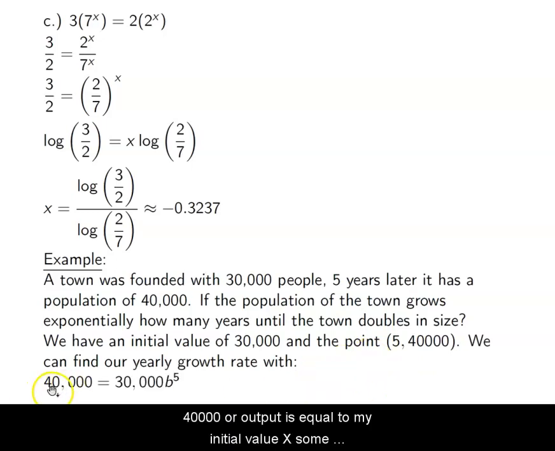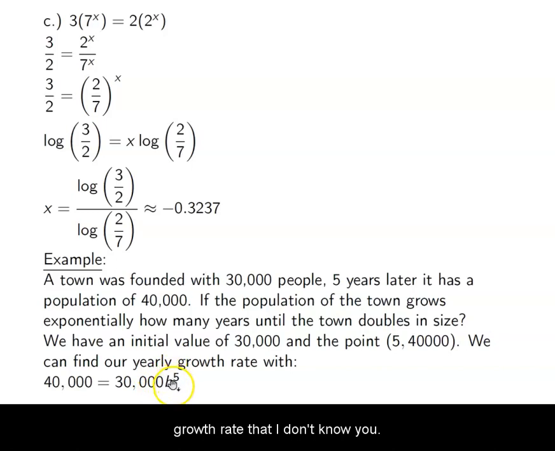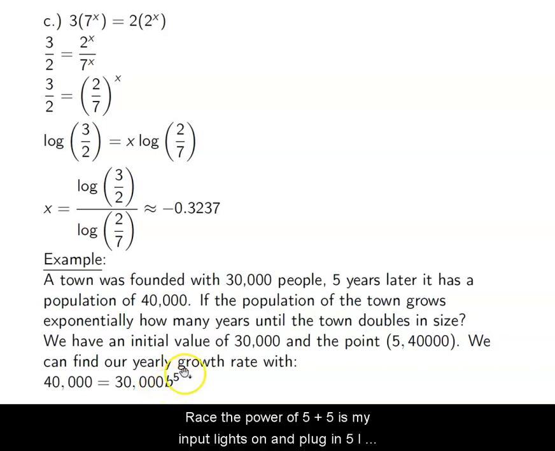Our output, 40,000, is equal to my initial value times some growth rate that I don't know yet, raised to the power of 5, because 5 is my input, right? So when I plug in 5, I get out 40,000. I know my starting value, but I don't know my growth rate. So that's what I need to find in order to finish having a formula that models this.